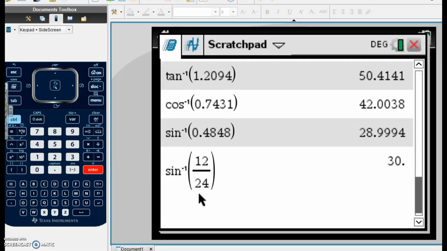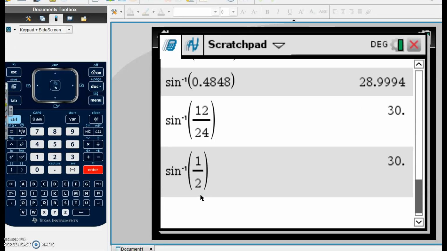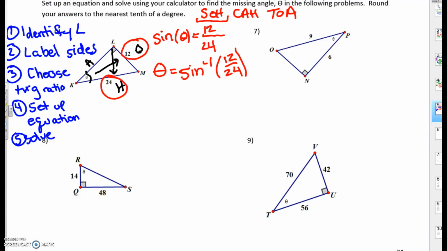By the way, guys, if I had reduced that fraction, sine inverse of 1 over 2, I get the same answer, right? So you can reduce the fraction. So that means that theta is actually equal to 30 degrees, which is really nice. So the measure of angle K is equal to 30 degrees. All right, let's do another problem.